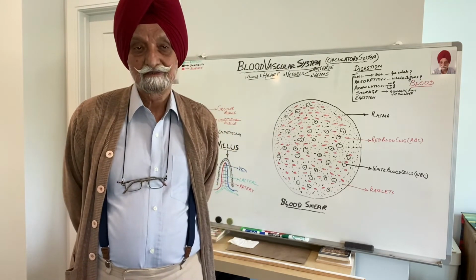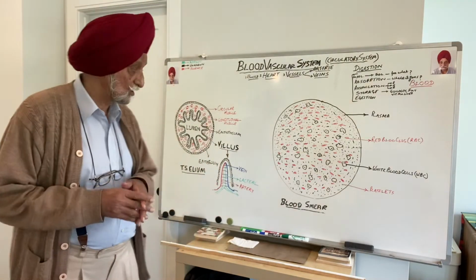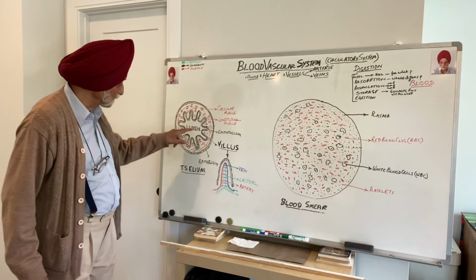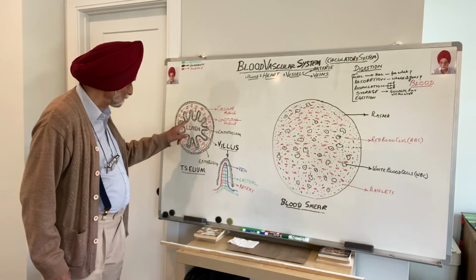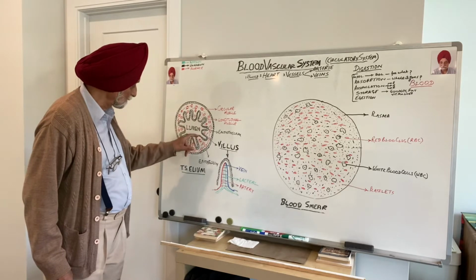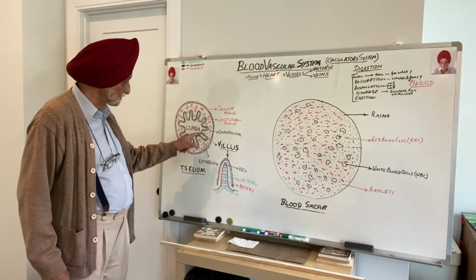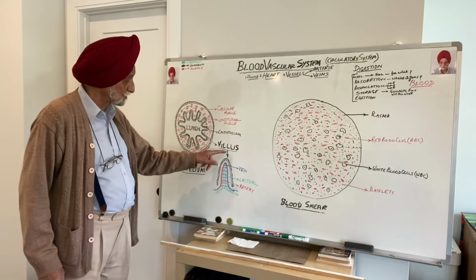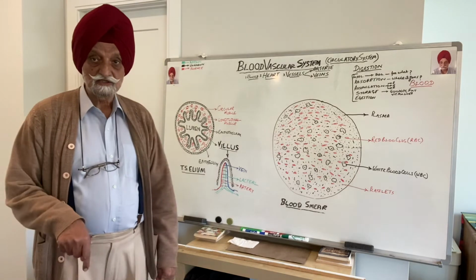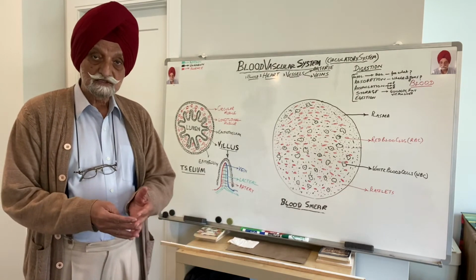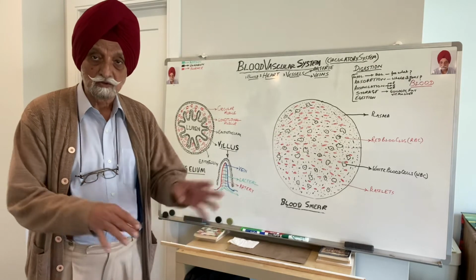Not only that, the inner walls of the intestine are thrown into these small finger-like projections. And these finger-like projections are called villi. The function of the villi is to increase the absorptive surface area more.